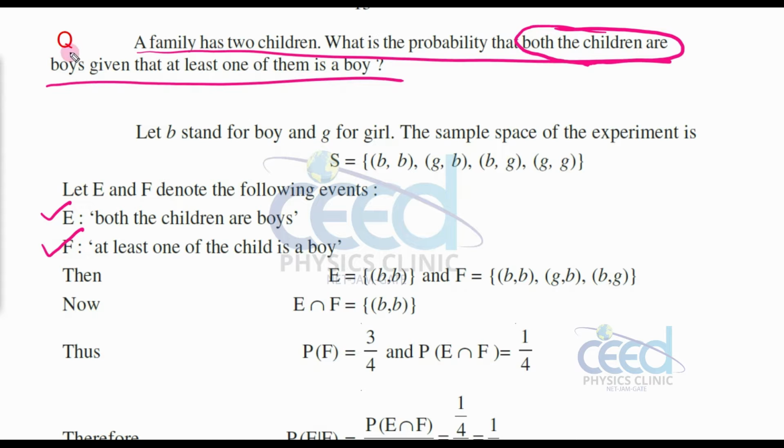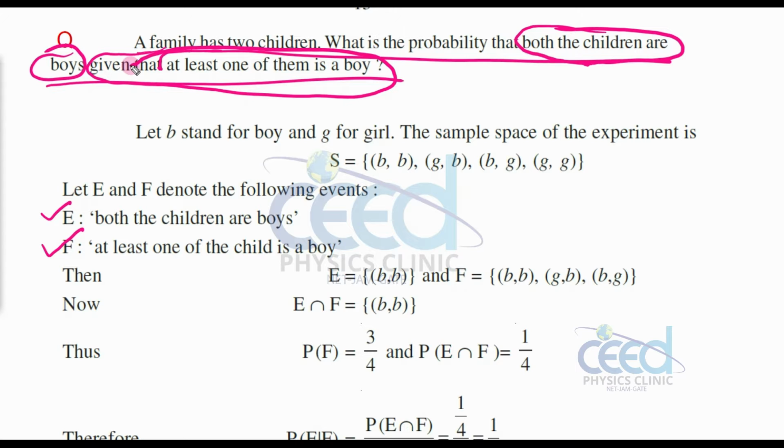Here we have two events. First condition is both the children are boys, and given that at least one of them is a boy. This "given that" is very important. Given that means that at least one of them is a boy has already happened. Out of that, what is the probability that both the children are boys?